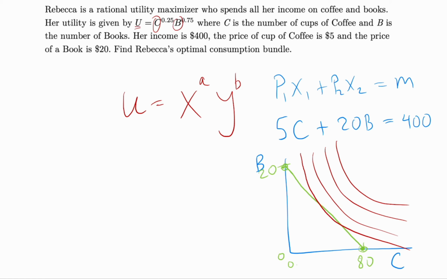If I were to plug in a specific number for utility, like if my utility was equal to 8 or something, then you could figure out what combination of c and b gets you exactly 8 utils of happiness. And so each of these are for a specific utility level. So this is just giving you all the different bundles of books and coffee that get you exactly a certain number of units of happiness.